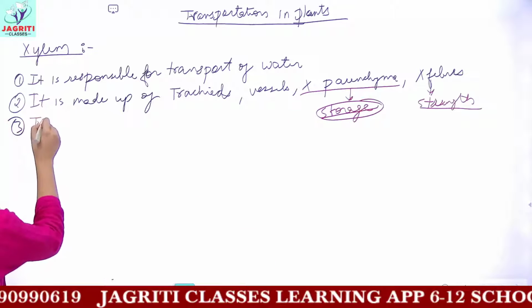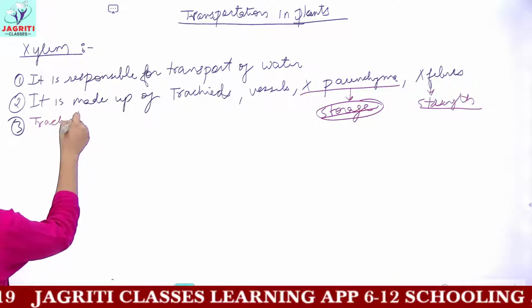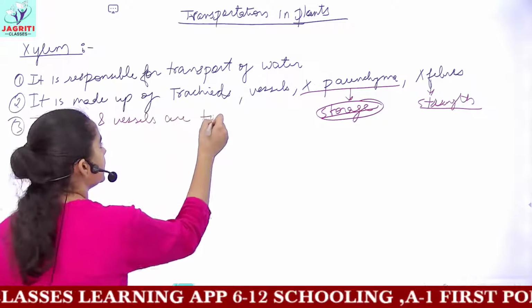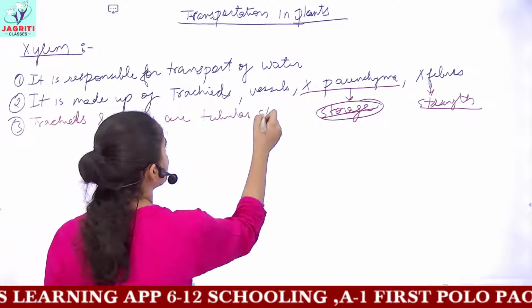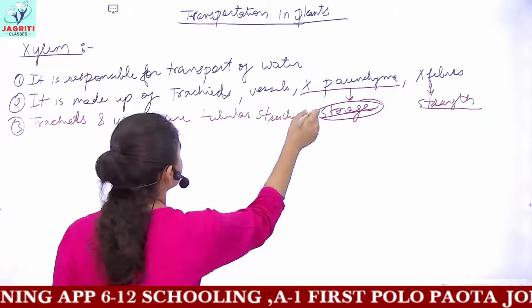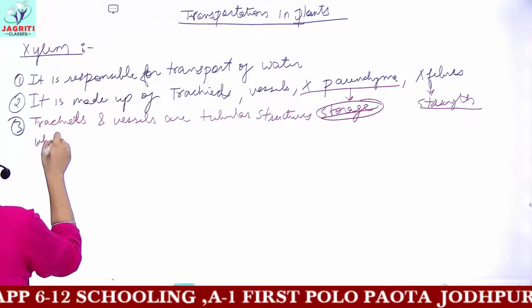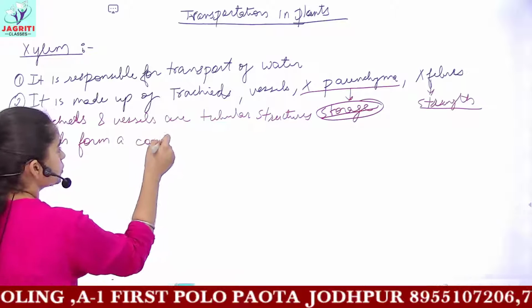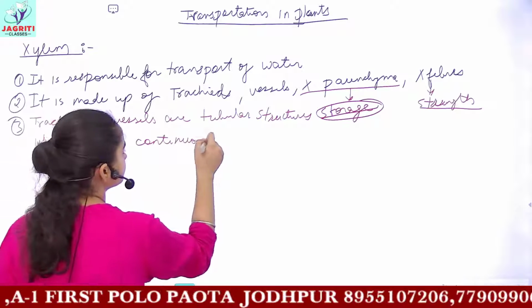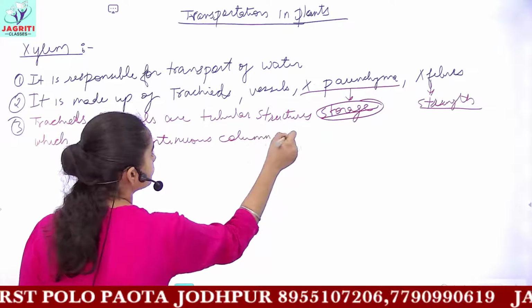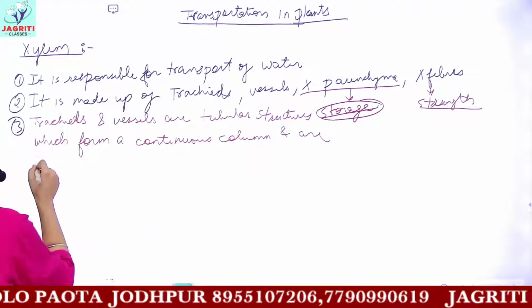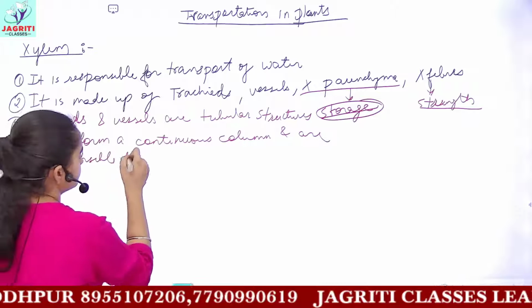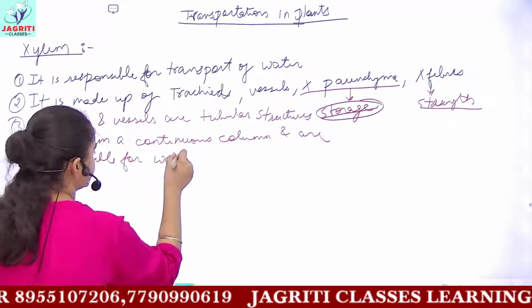So you say that tracheids and vessels are tubular structures which form a continuous column and are responsible for transporting water.